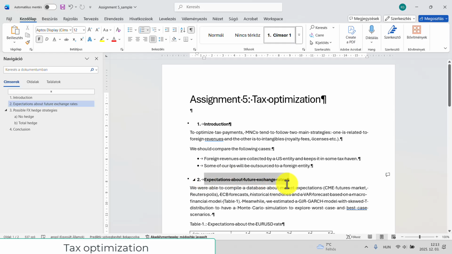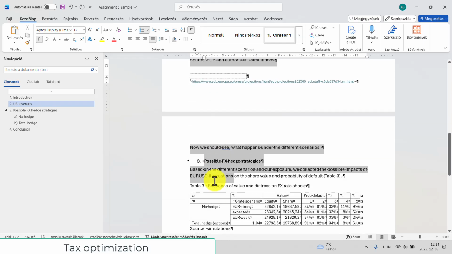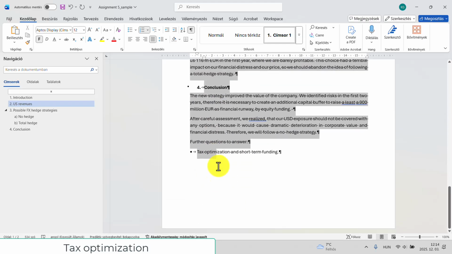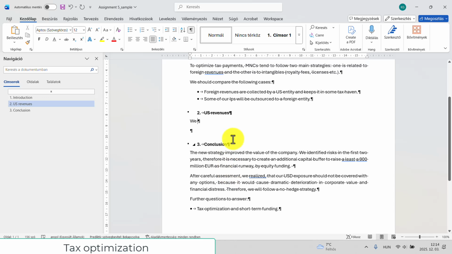Okay, let's start with this one. So, US revenues. First of all, we have to remove everything from here.